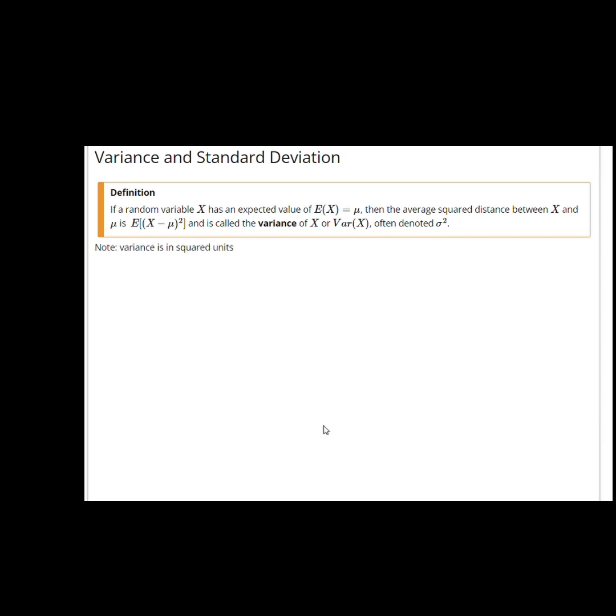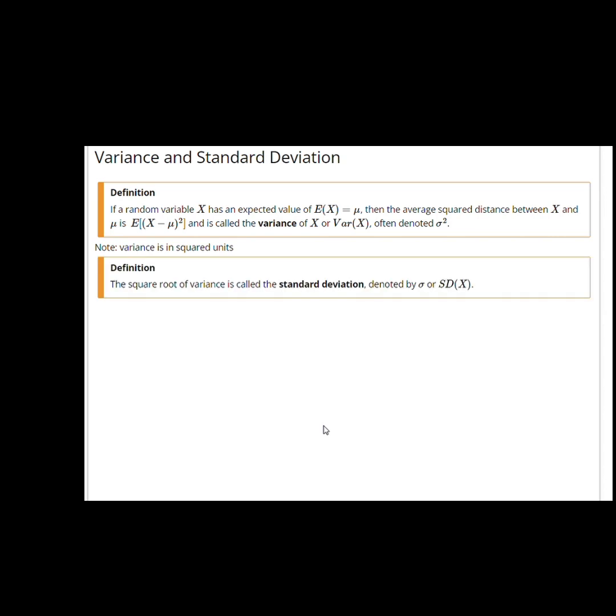Note that it's something of a disadvantage that variance is in squared units. For example, if x is measured in kilometers, then the variance is in kilometers squared. If x is the weight of a random person in pounds, then the unit of variance is pounds squared.